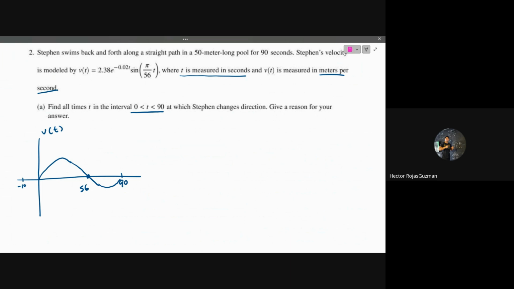Since this is the graph of the velocity, we have to look at the value or the sign of V of t. V of t is positive, V of t is negative. And that means we're moving forward and then we're moving backward, right? So, based on this, Steven changes direction at t equals 56 seconds.